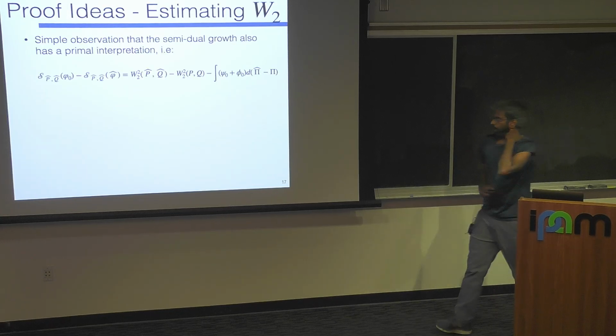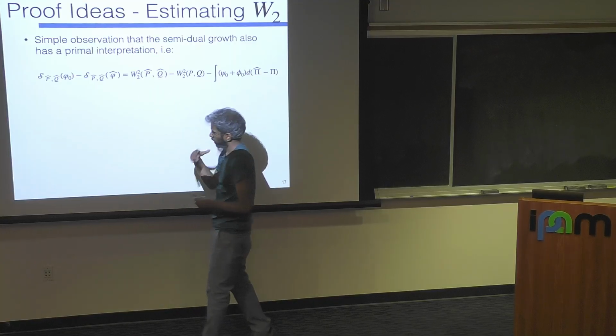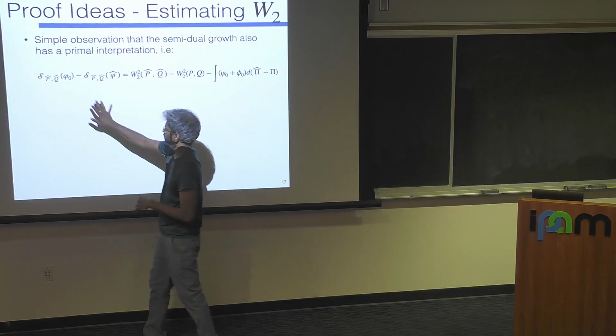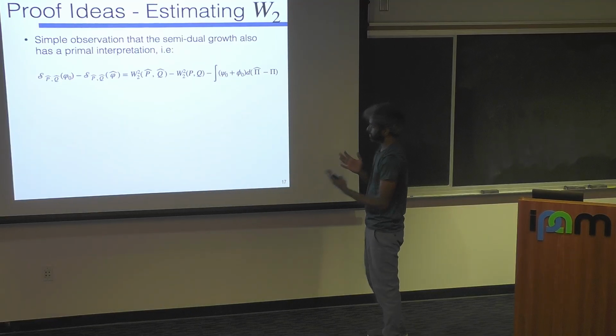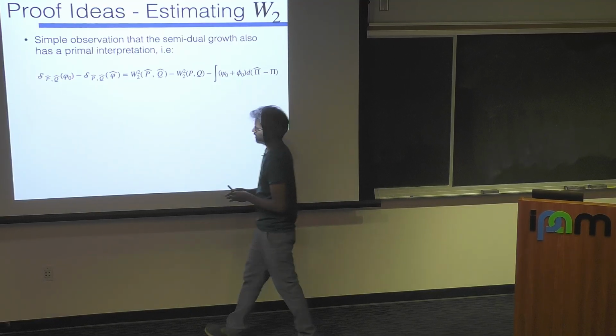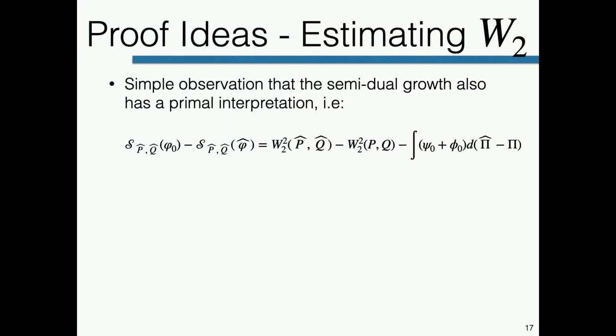So maybe one way of understanding this is that one of the objects in our stability bound that we looked at was this difference of semidual functionals. This difference has a primal interpretation. So the semidual functional itself is just the Wasserstein distance up to some second moment quantities.